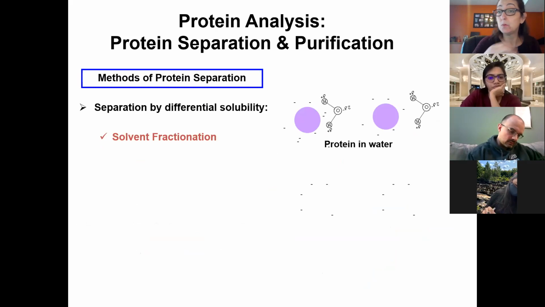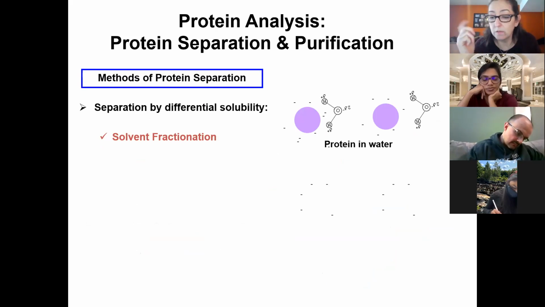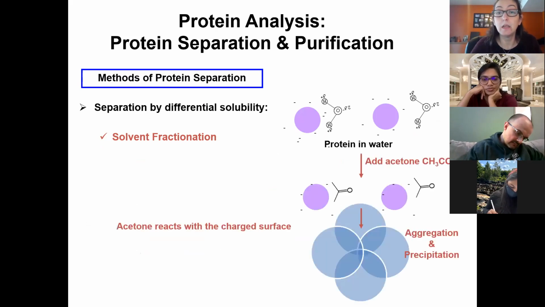You can precipitate the proteins with solvent. So a solvent is an organic solvent, so hydrophobic residues like organic solvent. So when you add, let's say here, acetone, for example, it is going to interact on the surface of the protein, and now the residues in the inside of the protein, they're hydrophobic.